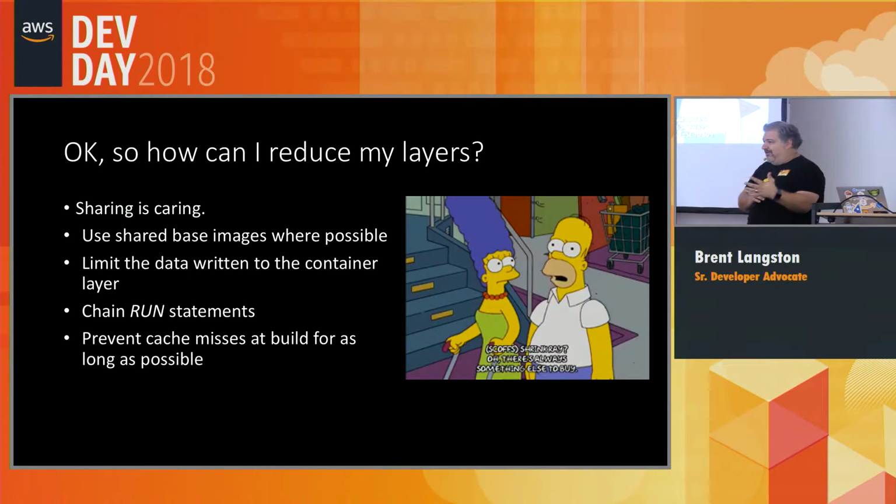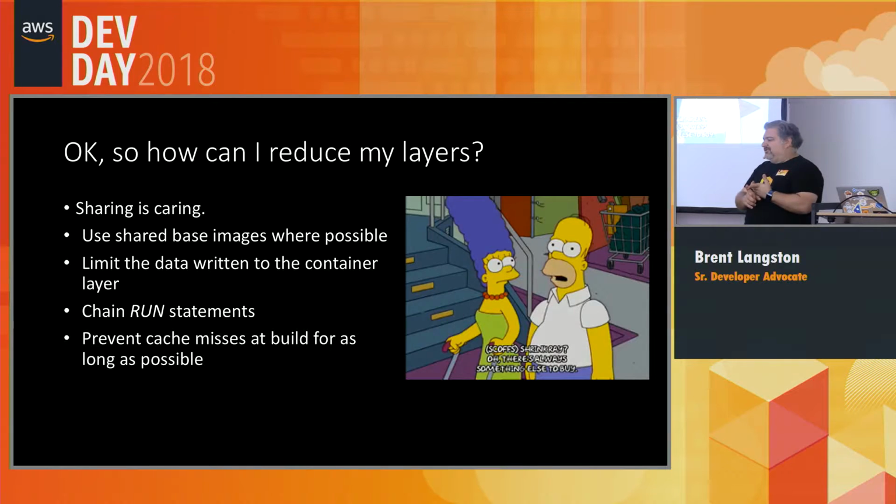I preferred that everyone start with Scratch for Golang or anything compiled, and if not, then try to use Alpine. So those were our two standards, and there was a process for making it happen if you needed some other image, but we tried to keep it limited.